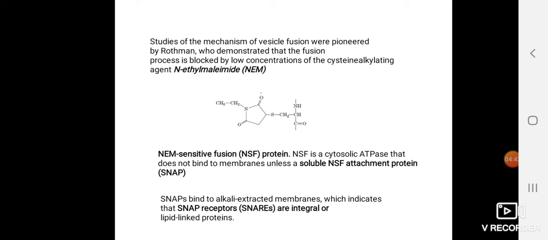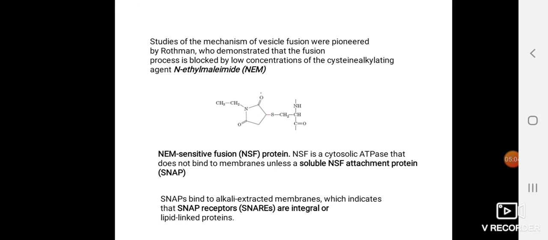These NSF protein molecules have been identified as cytosolic ATPases, which do not bind directly to the membrane as a membrane component. But there is a protein called SNAP, soluble NSF attachment protein.